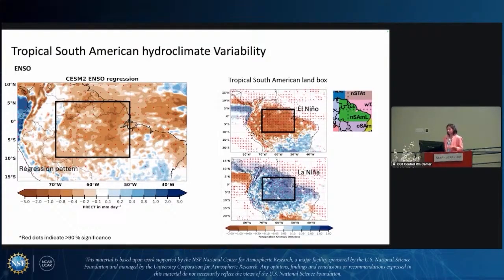So I did an El Nino composite and a La Nina composite, and during El Nino we see negative anomalies, meaning there is less contribution from evapotranspiration or local moisture source, and during La Nina there is enhanced moisture source coming from the Amazon box.